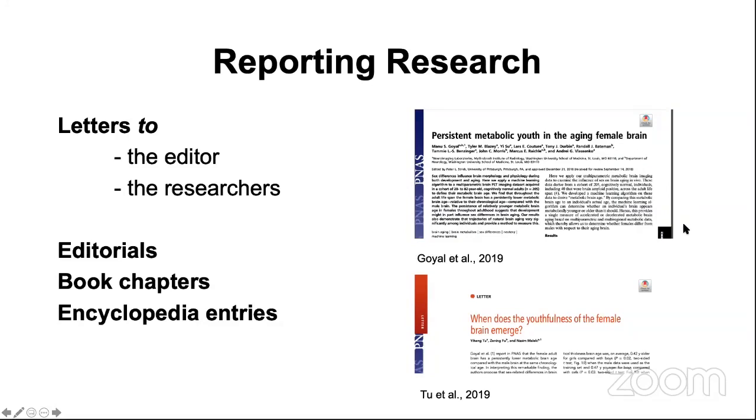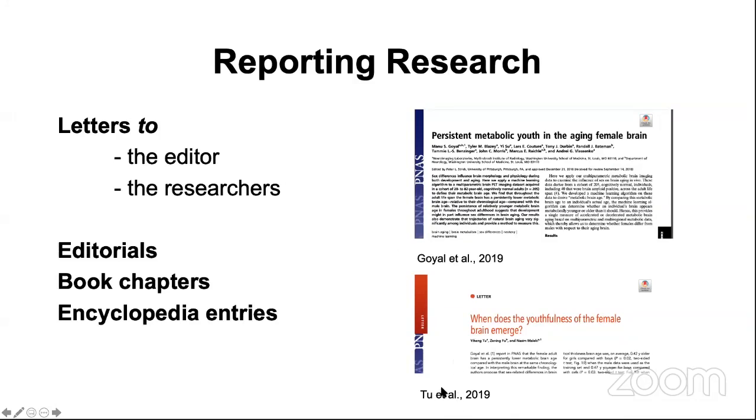There may be some confounding variable, or something you just didn't think about when doing your research project. One way to raise all of those comments and concerns is to write a letter to the research team and publish that letter as an addition to this paper in the journal.